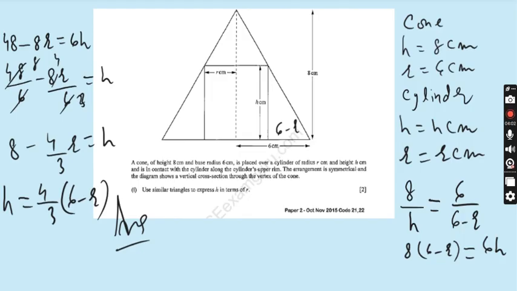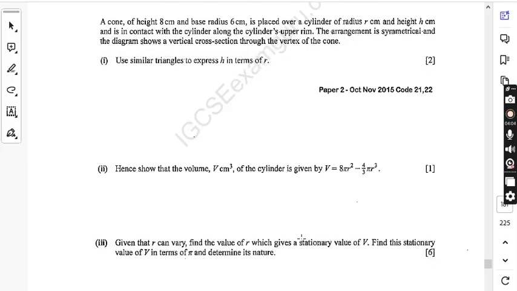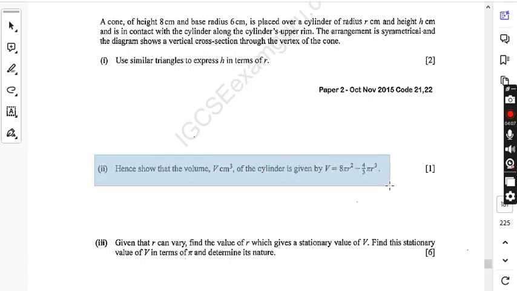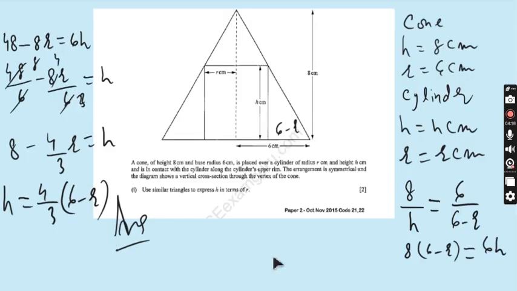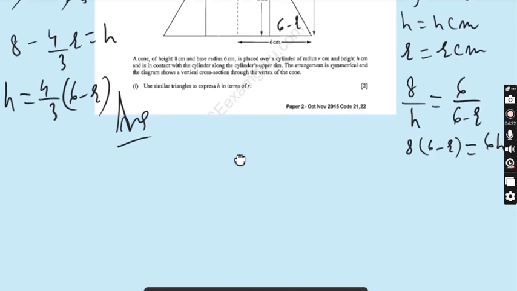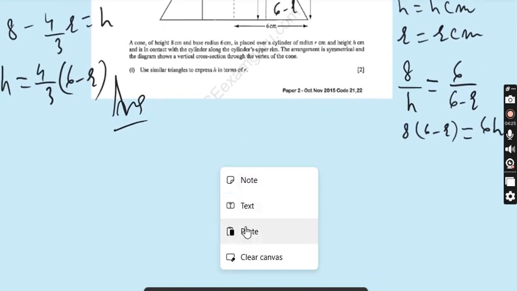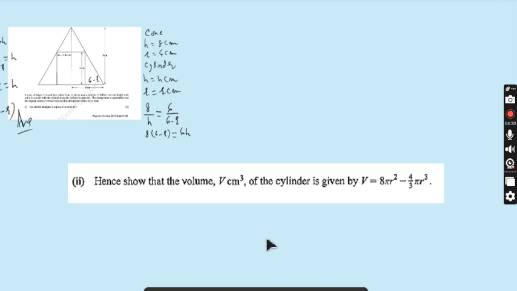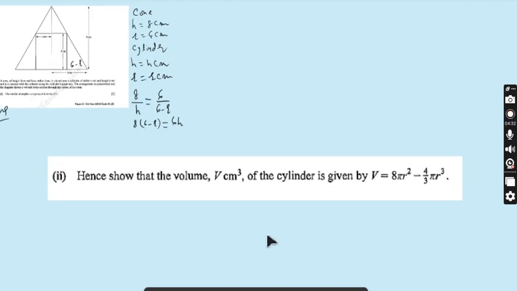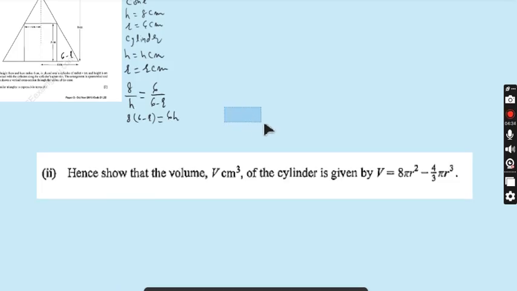What is the next part? Hence show that the volume of the cylinder is given by V is equal to 8 pi r square minus 4 upon 3 pi r cube. Hence means we have to take the help from the previous part. So this is the question.